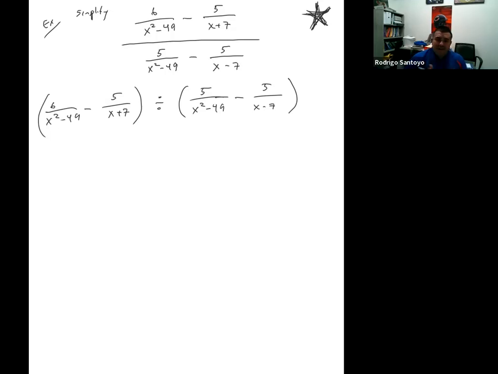Starting with the left side, this side, right? We should be able to factor this first part out to x minus 7, x plus 7, right? Minus 5 over x plus 7.